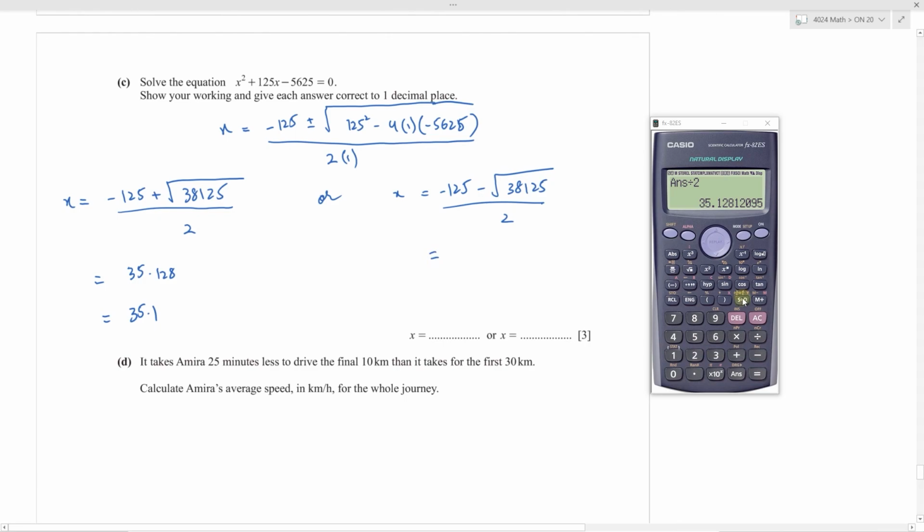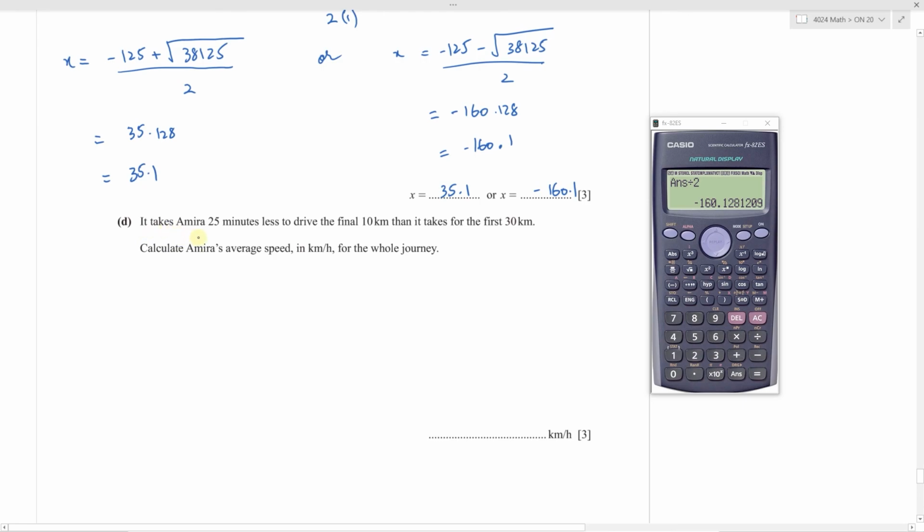And then this value will be minus 125 minus square root of 38125 and then divided by 2. Minus 160.128 or minus 160.1 up to one decimal place. So your two values of x are 35.1 or minus 160.1.